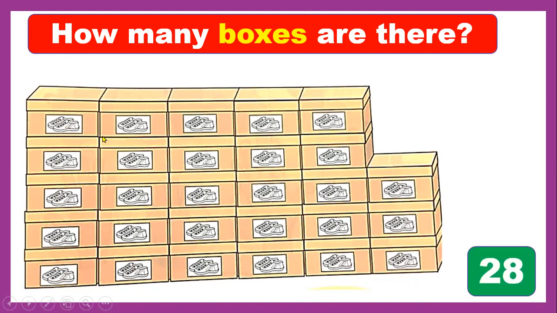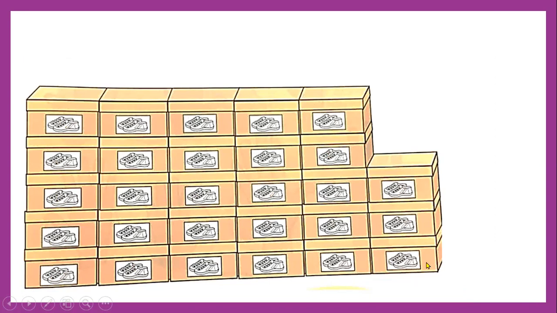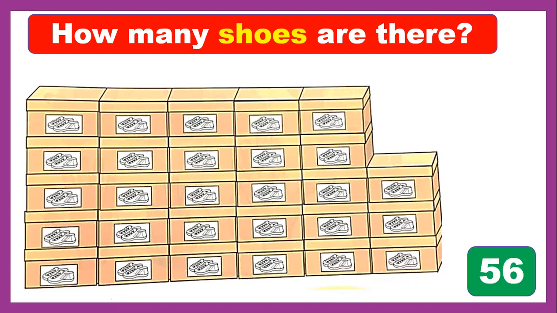We count by fives the first 5 lines, and the rest are not fives, so we count them separately one by one. So we have 28 boxes. Now, how many shoes altogether? We count in twos, and there are 56 shoes in the boxes.